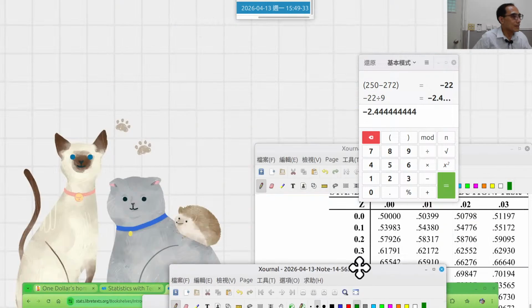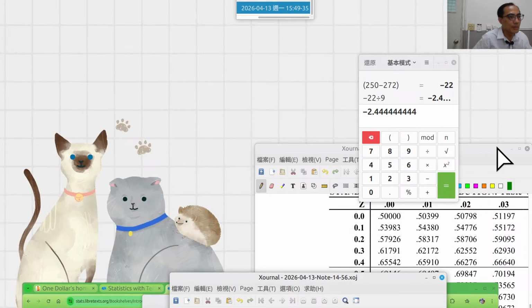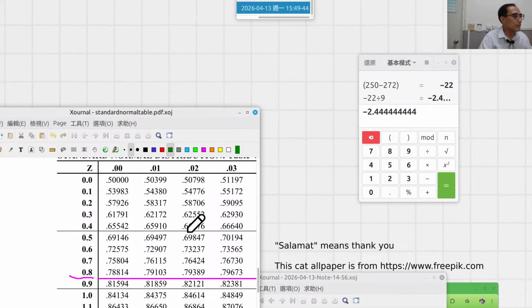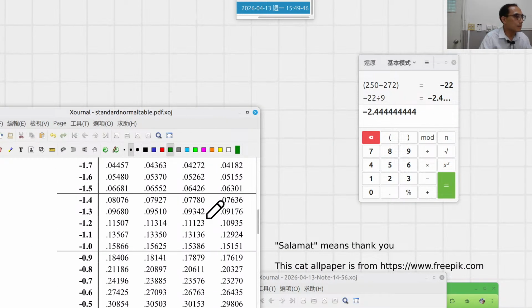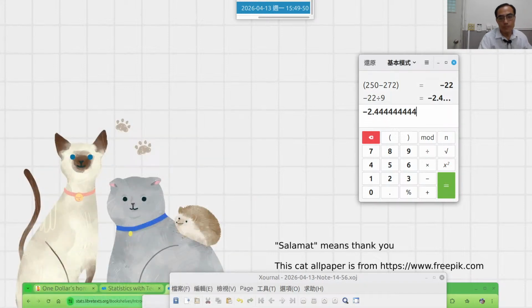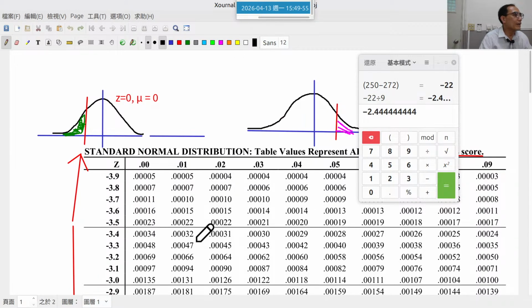Okay, then here let's check the table. The value is minus 2.44.